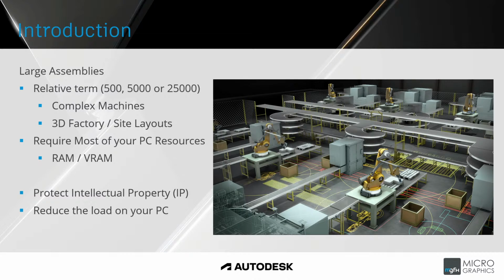And then going back to the computer resources, how do we reduce the load on your computer while you're working with this large assembly on a day-to-day basis? So in our introduction, we're going to look at those two scenarios, and then we'll look at the tools which we can use to both protect intellectual property, but also reduce the load required on your computer to work with these large assemblies.